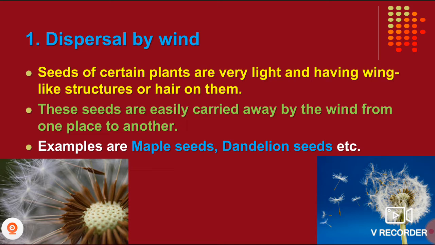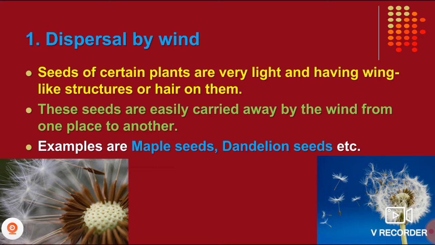Why? Because they have hair-like or wing-like structures on them. These hairs and wing-like structures are helpful in their dispersal, so these seeds are easily carried away by the wind from one place to another.